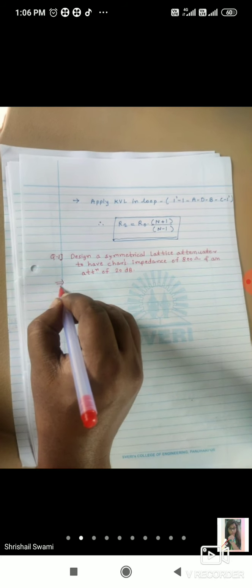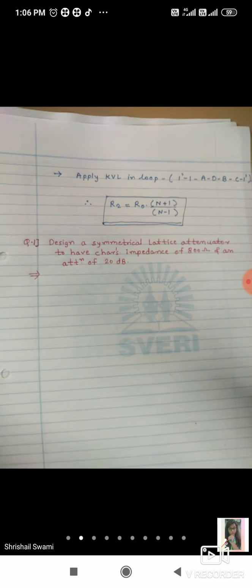So this is the question asked. It will be asked for 4 marks. Design a symmetrical lattice attenuator to have characteristic impedance of 800 ohm and attenuation of 20 dB.